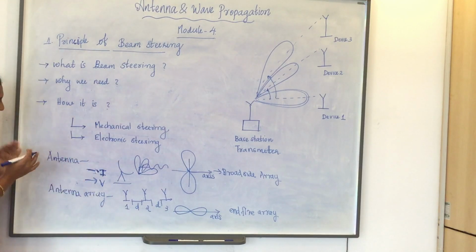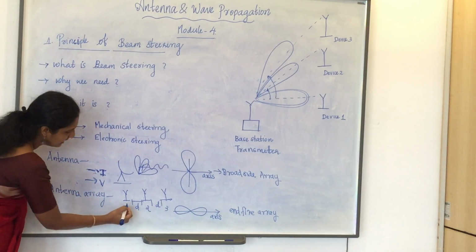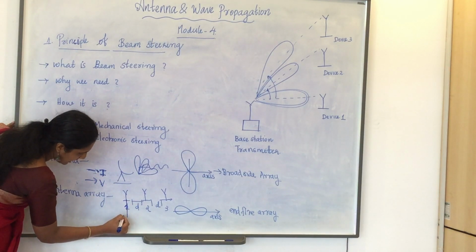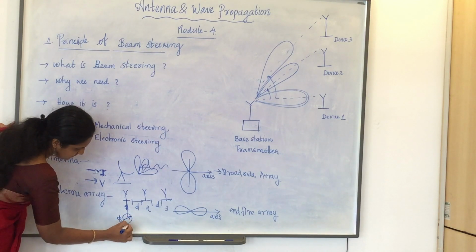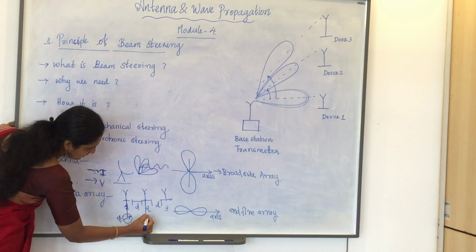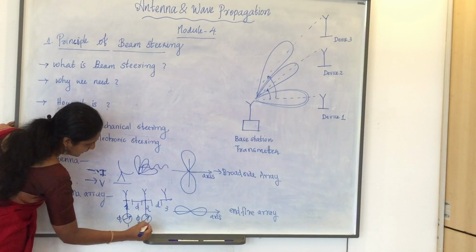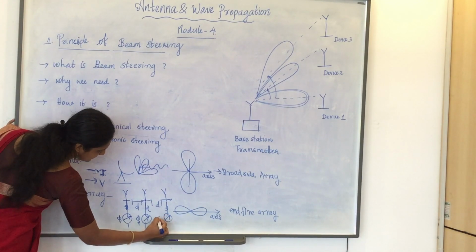Consider the first antenna element, element 1. In an antenna array, to the first element we give a current I by changing the phase, that is phi 1. And again we give a current by changing the phase phi 2. Then to another element we give the current by changing the phase phi 3.